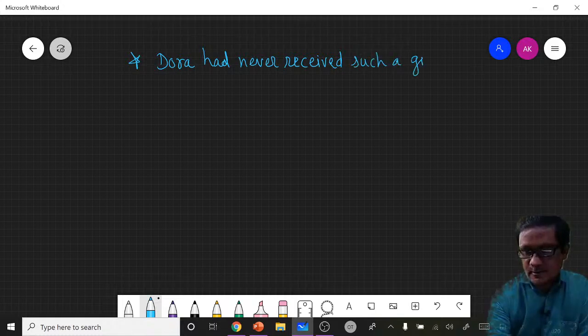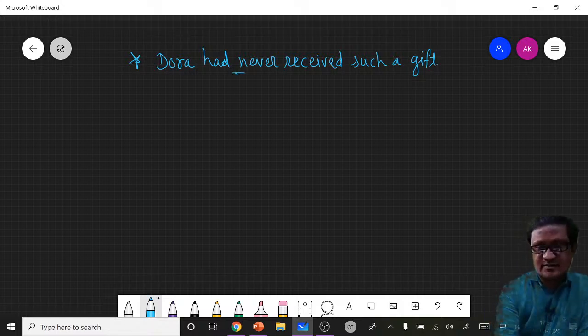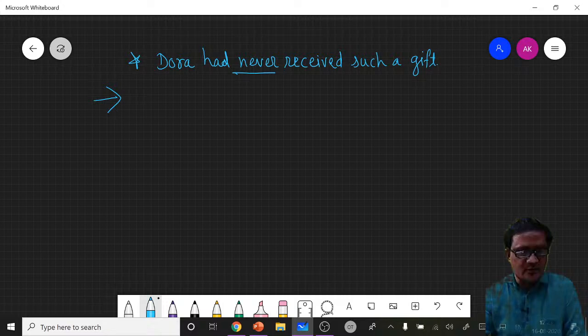Such a gift in her life, but for brevity purpose I am omitting that. Dora had never received such a gift. You can easily understand that it is a negative sentence, never, the word of negation. So what we have to do, we have to replace it with the words which I have given: few, hardly, scarcely, but, without, avoid, or refuse.